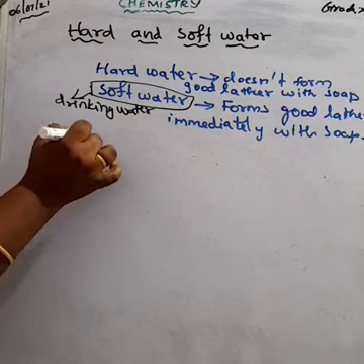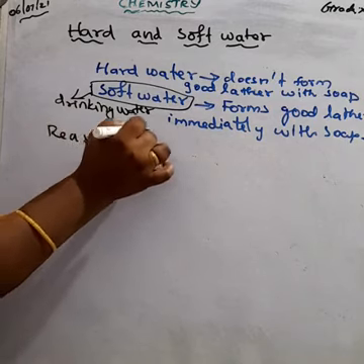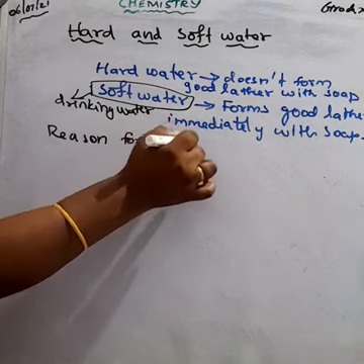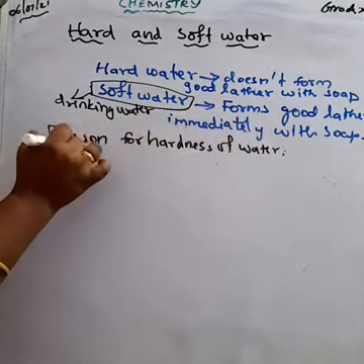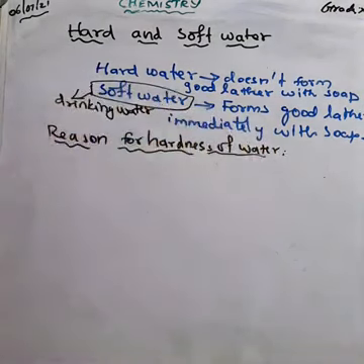Hard water contains many dissolved salts, but soft water is free from these salts. Now we are going to study the reason for the hardness of water, the types of hardness, and how we can remove the hardness of water. Understood? First, what is the reason for the hardness of the water?